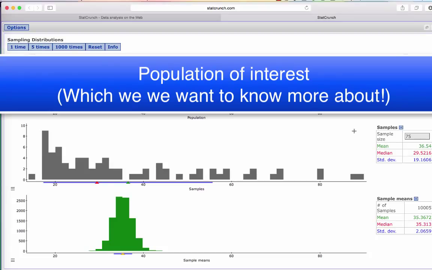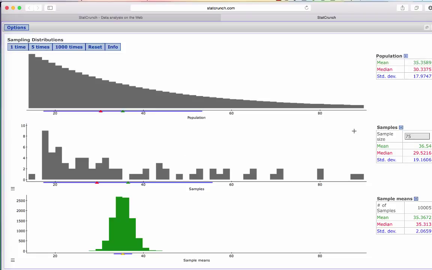Now that's a lot to absorb, so let's go back to our picture and see what that tells us. Because we were able to use a simulation, we have the capability of removing this block here and looking at what this particular population looked like. Notice we were drawing from a population that had a mean of 35.35.